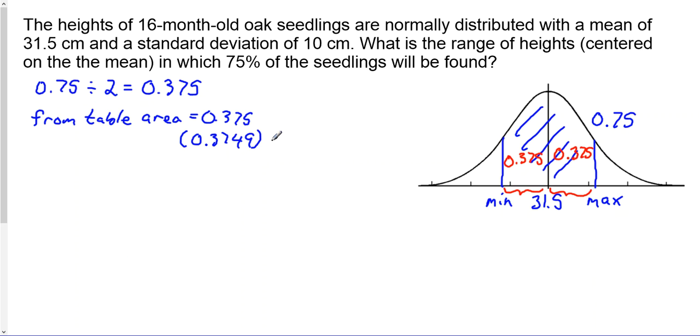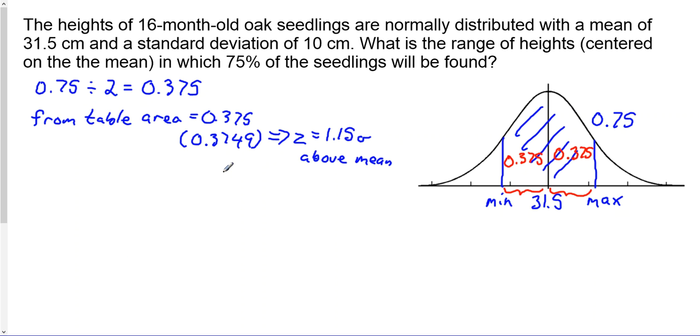And if I then take that from the middle and I go out to the sides, I find that this corresponds to a z-score of 1.15. Okay? So my maximum value is going to be 1.15 sigma above the mean.